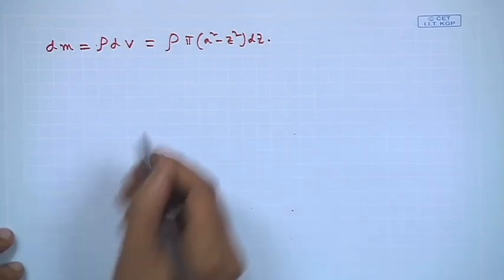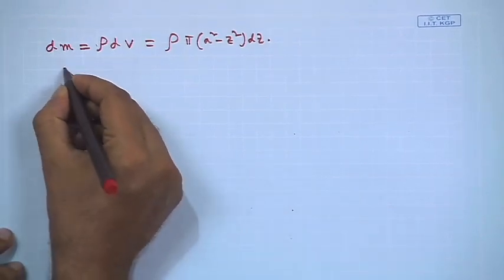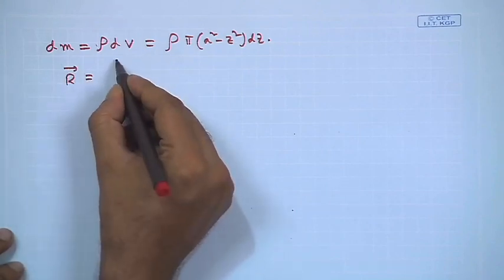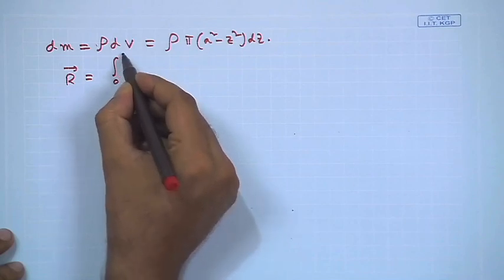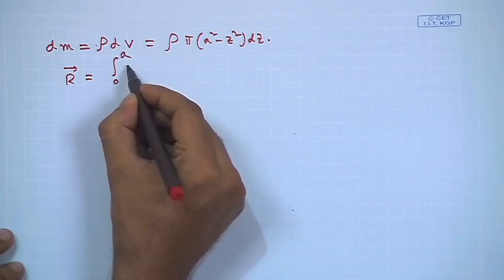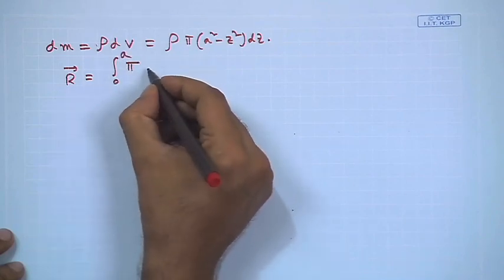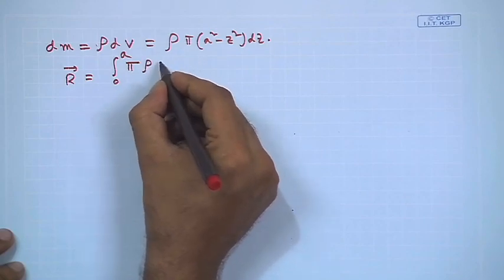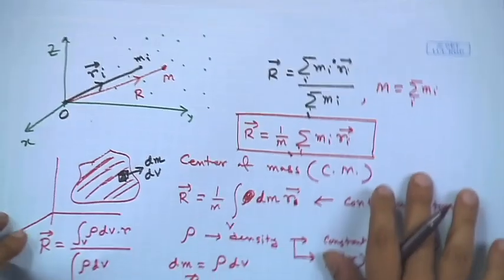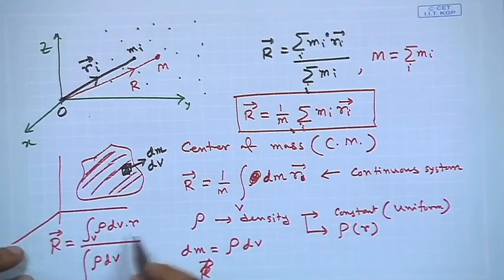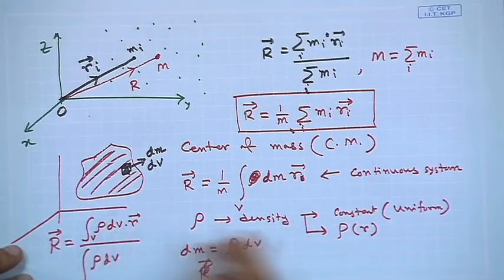So, by definition of center of mass, r will be given by the ratio of two integrals. The first integral is from 0 to a of pi rho, please recall this definition, there is an r here.